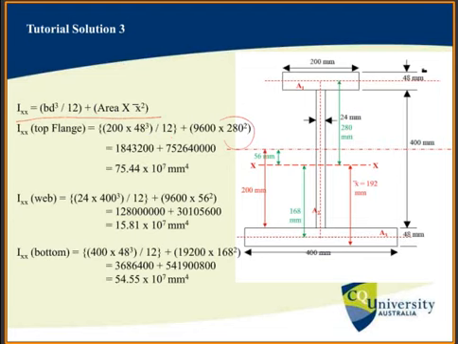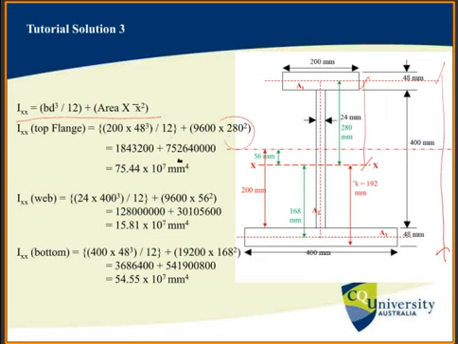Now we know this total distance, and we know the x bar. We need to calculate the distance of this center line to the neutral axis. This distance will be 280. So how?